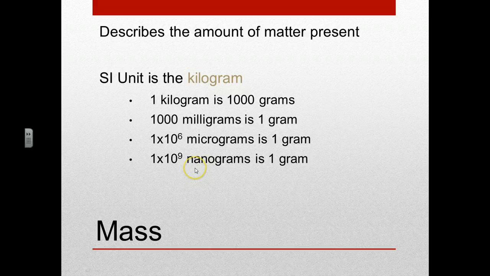And here's some more conversions to show you how the prefixes work. Here we have 1,000 milligrams as 1 gram. Or we have 1 times 10 to the 6, which is 1,000,000 micrograms, is 1 gram. Here we have 1 times 10 to the 9th, which is 1,000,000,000 nanograms, is 1 gram. That's how those conversions work, and we're going to deal with those quite a bit this year.